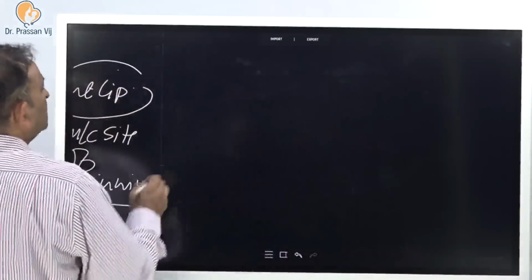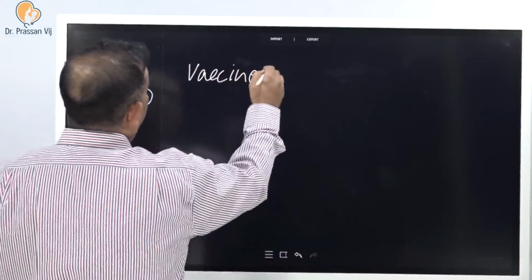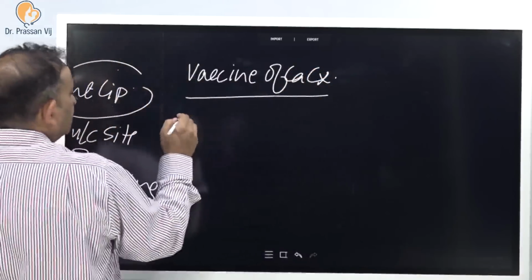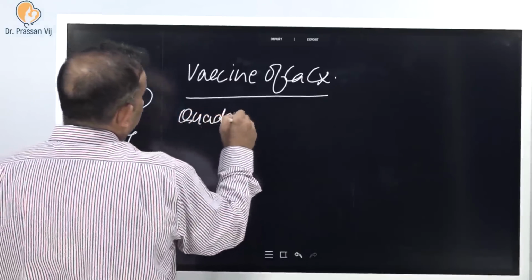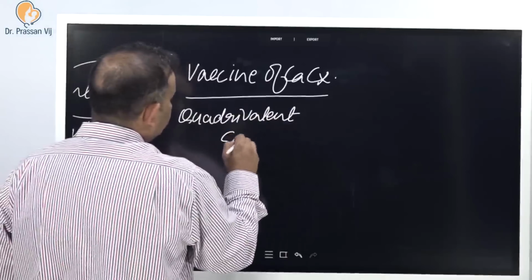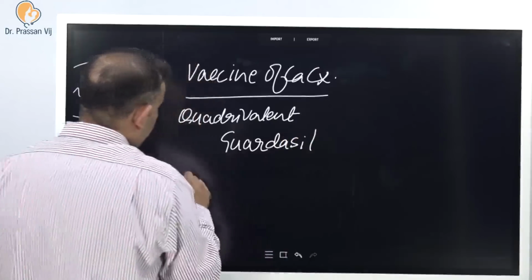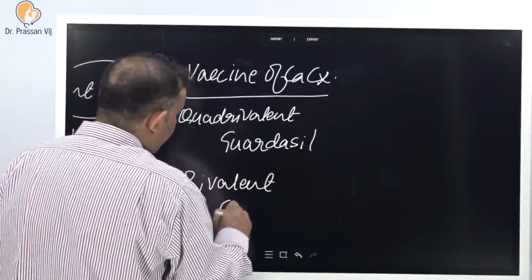And there's a lot of talk about the vaccines of CS cervix. We have the quadrivalent and the bivalent. The quadrivalent is the Gardasil, and the bivalent is the Cervarix.